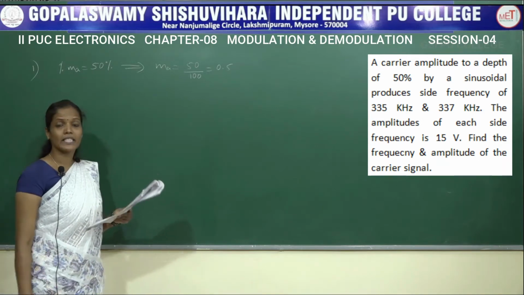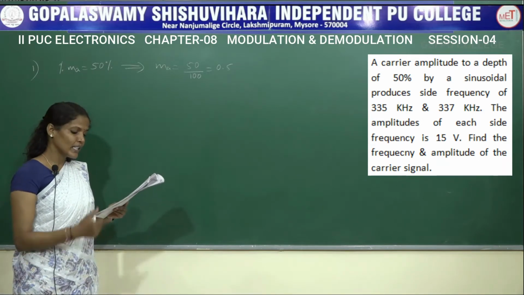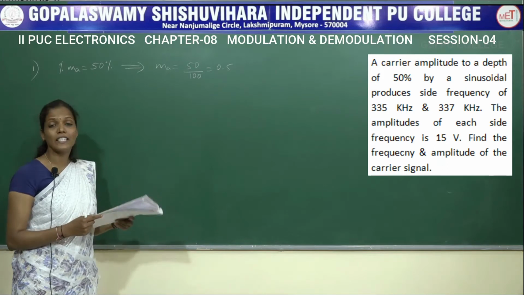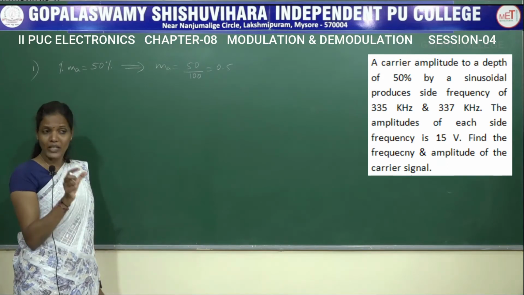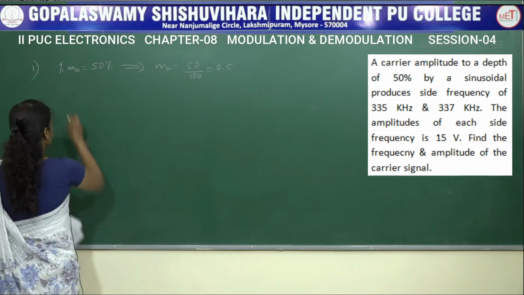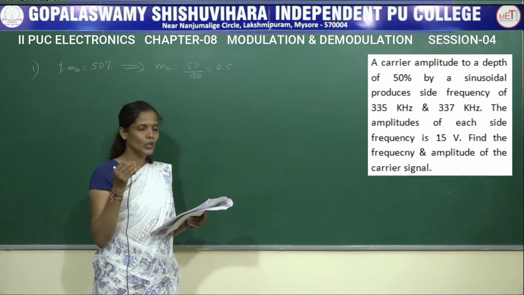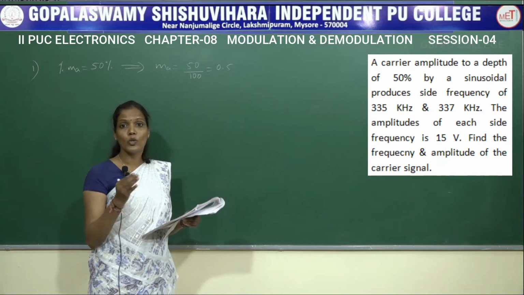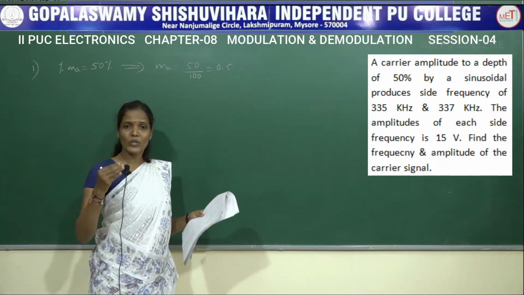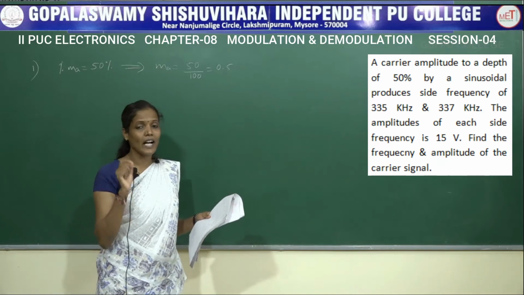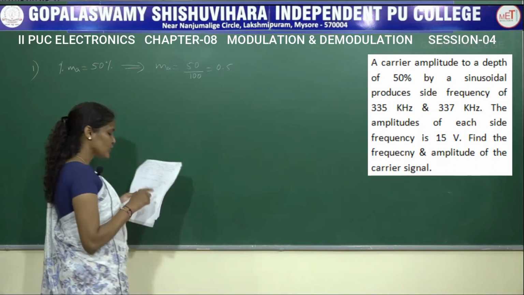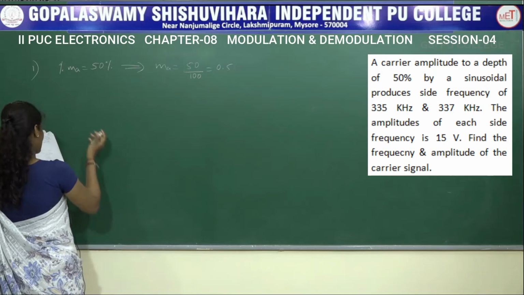Sinusoidal produces side frequencies of 335 kilohertz and 337 kilohertz. Side frequency, that is sideband frequency. So, out of these two values, whichever is the lower value can be considered as the lower sideband frequency, and whichever is higher can be considered as the higher sideband frequency. So, 335 and 337 are given.